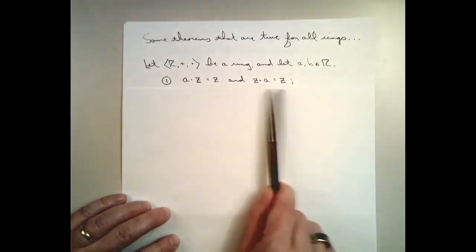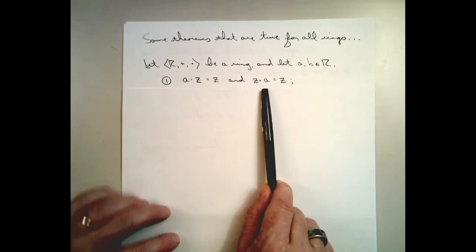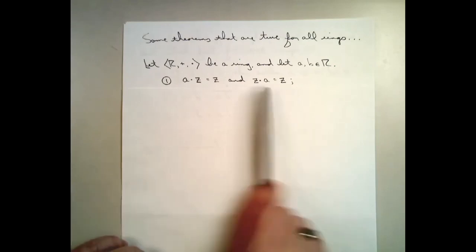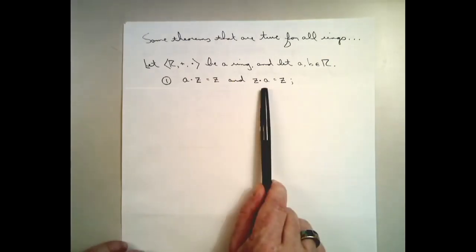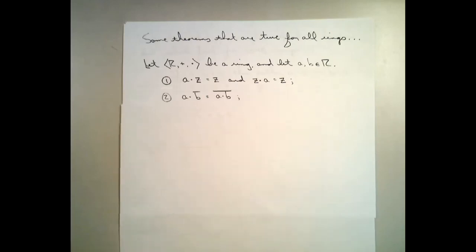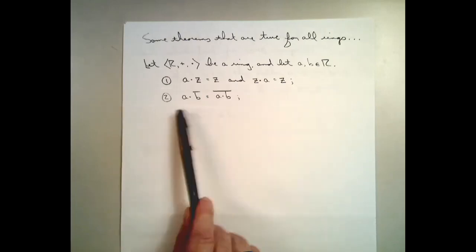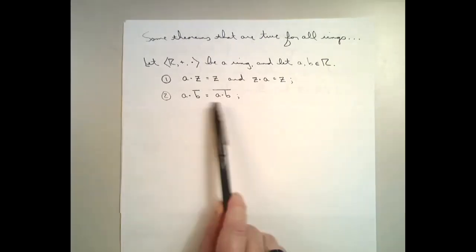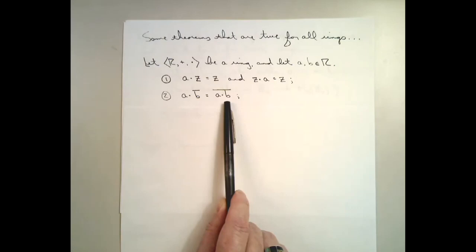And similarly, we have Z times A being Z. I need to write those separately because, again, we're not assuming that multiplication is commutative. Another theorem that happens to be true is that if I take A and multiply it by the additive inverse of an element, I get the additive inverse of the product.